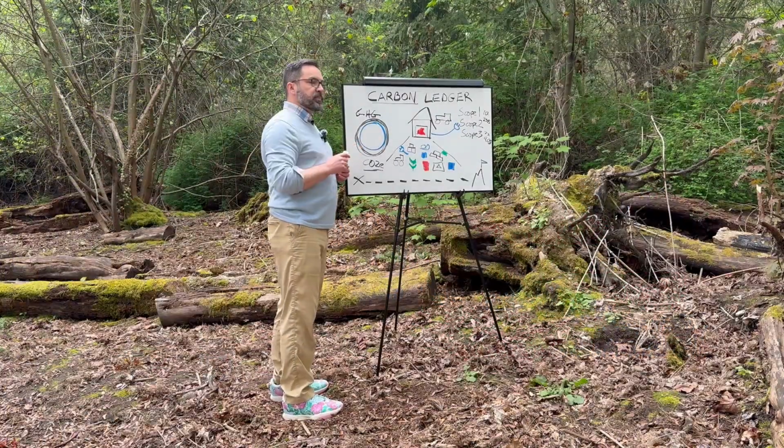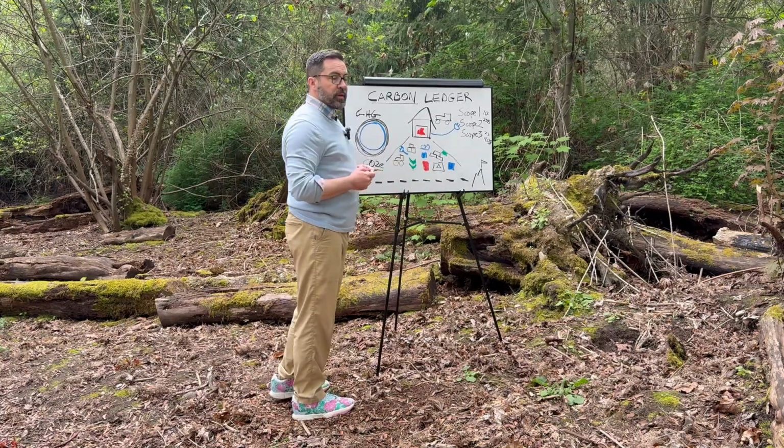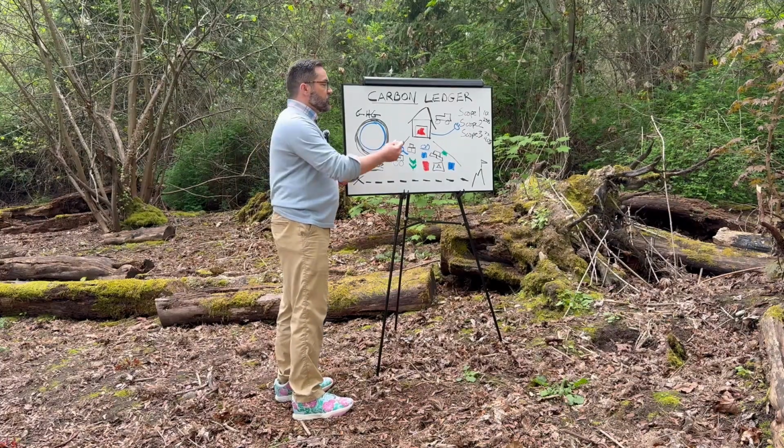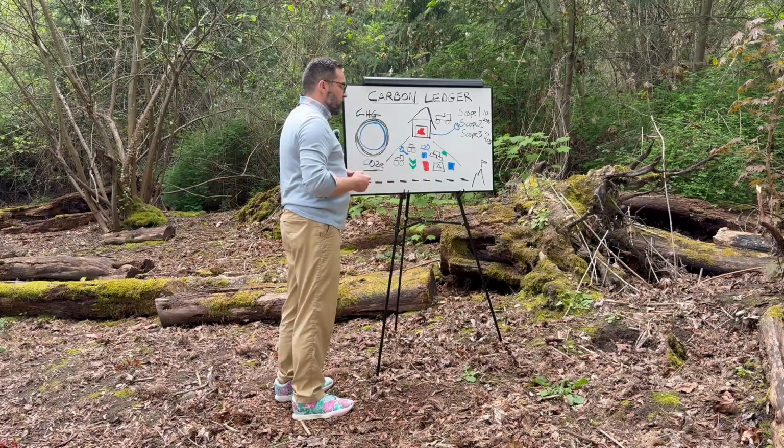Now, instead of a house, let's pretend this is a bakery. The scope one are the emissions from the oven, from the bakery delivery vehicle. Scope two are the emissions from the electricity used for that bakery. Scope three is everything else.